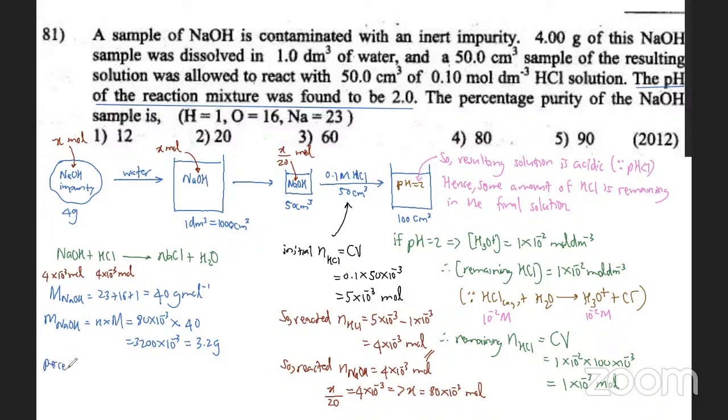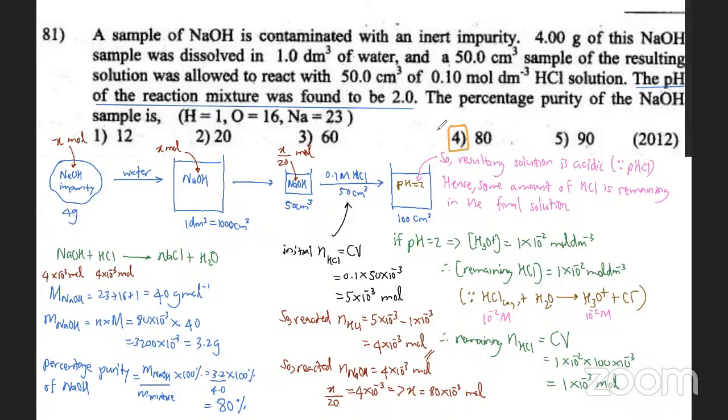So the percentage purity of sodium hydroxide is going to be the mass of sodium hydroxide divided by the total mass of the mixture, multiplied by 100. 3.2 over 4 into 100, and that is obviously 80 percent, because 3.2 over 4 is 4 over 5. 4 over 5 into 100 is 80 percent. The answer is the 4th one.